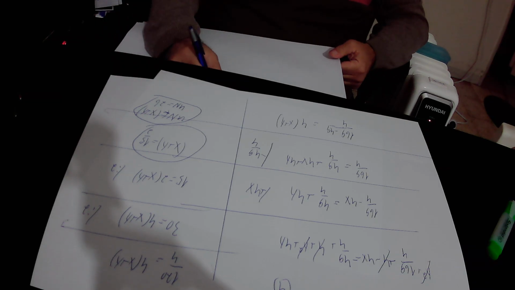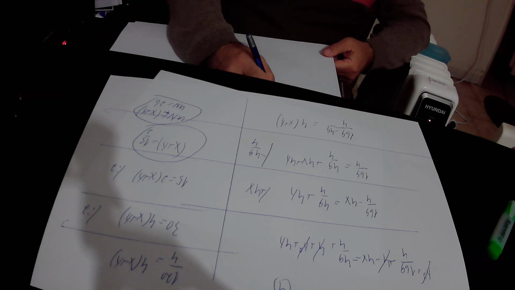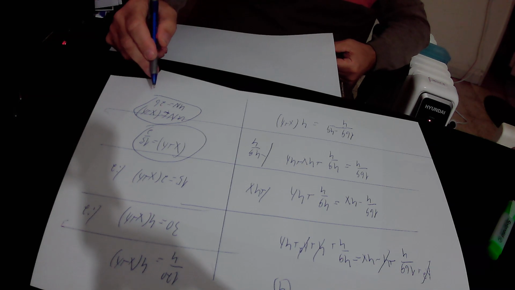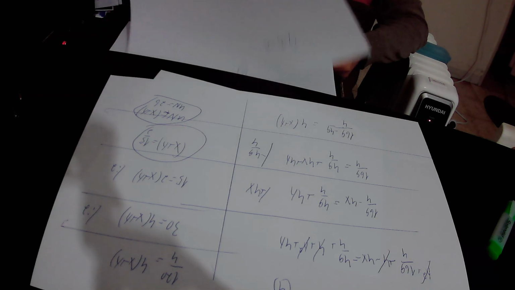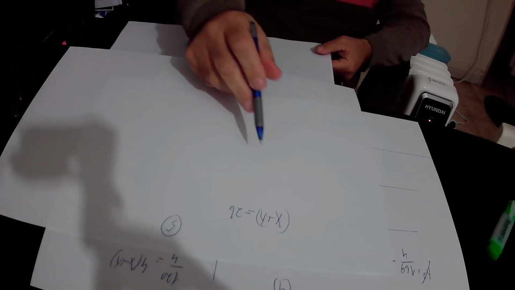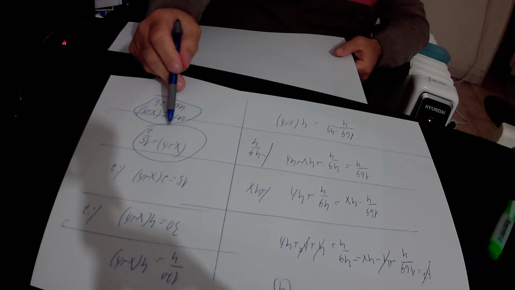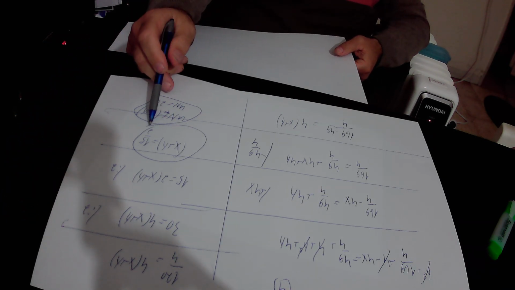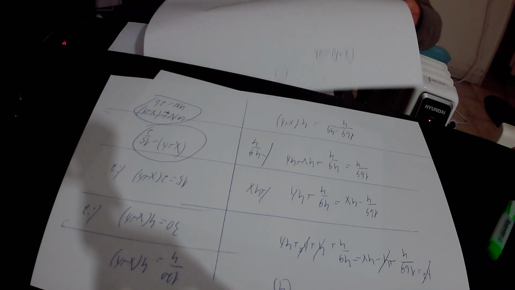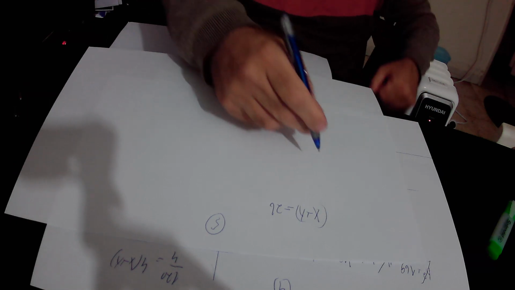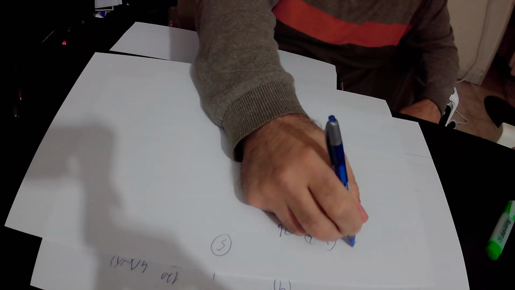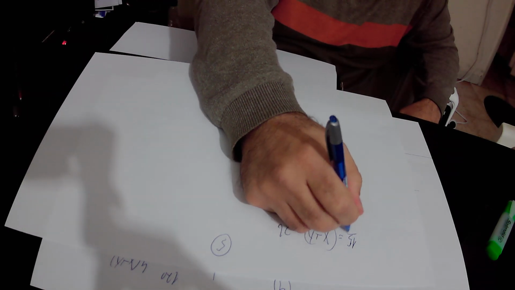So I write it down: x plus h equals 2b. But we already found out that x plus h also equals 15 over 2. So you can write down here that x plus h equals 15 over 2.